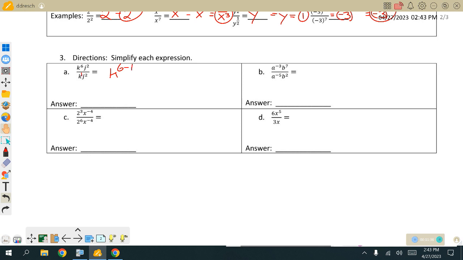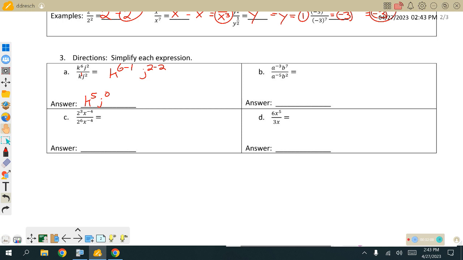So everybody, 6 minus 1, K to the 5th. J's, 2 minus 2, J to the 0. That's a great start, but let's finish it. What am I going to clean up? The K or the J?